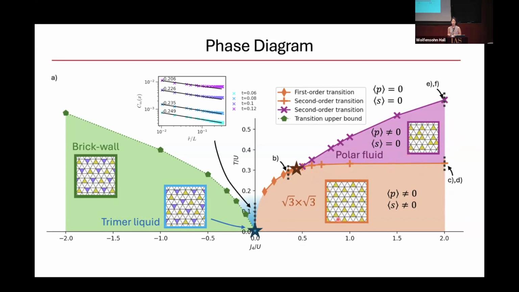And this is a √3 by √3 phase, and this is the brick wall phase. And here at the star is the exactly solvable point. And in this phase diagram, we named it trimer liquid. When I use the word liquid, I mean that the monomers in this phase have power law correlations.